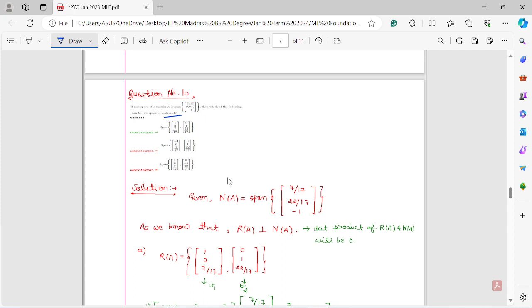As we know, the row space is orthogonal to the null space of A. This implies that the dot product of the row space of A and the null space of A will be 0. So we will check all 4 options to see where this dot product is 0.